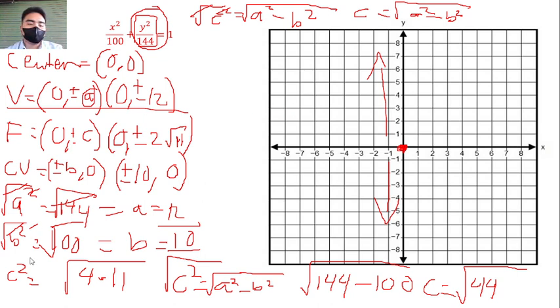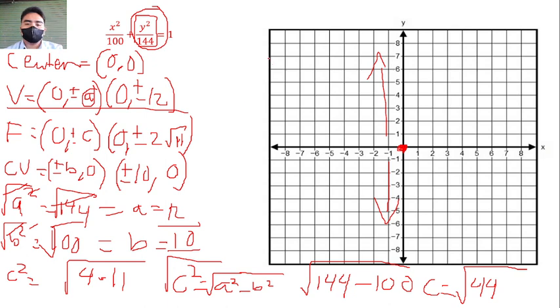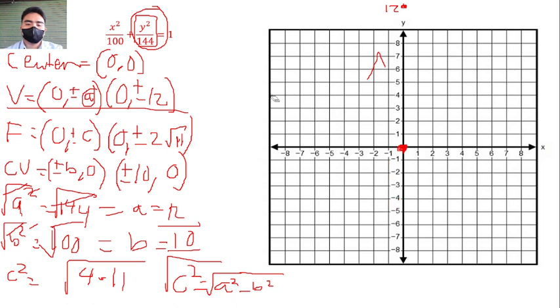So let's assume that this part is the 12 already. Positive 12, and I will be erasing this one. This is your negative 12 already. Okay, because the Cartesian plane is a bit small.